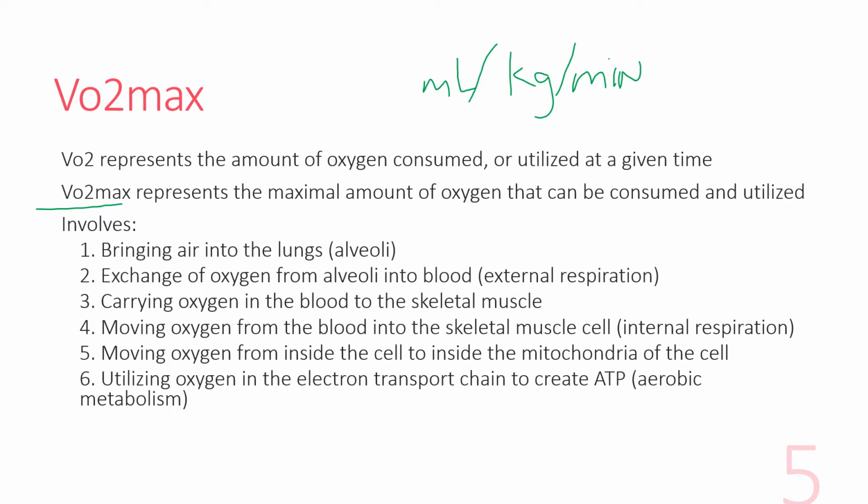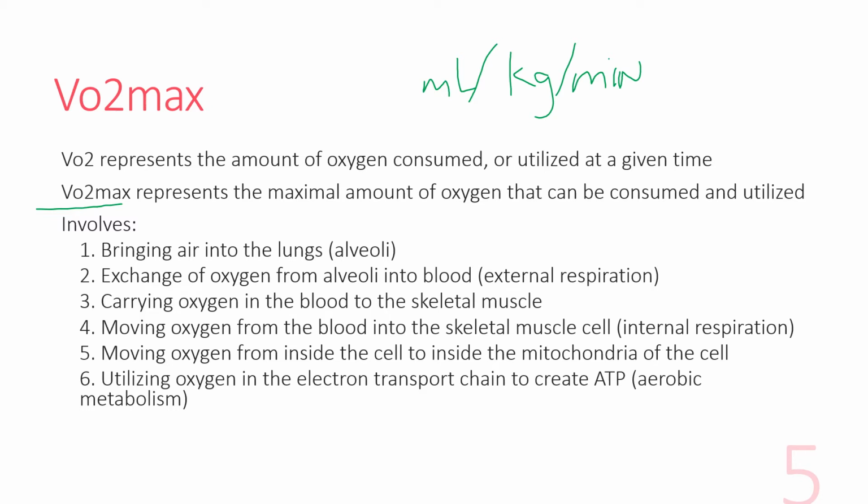Again, with Lab 2, we used indirect calorimetry to measure your VO2 at rest, which allowed us to calculate or estimate your resting metabolic rate. Okay. When we measure VO2max, we're less concerned with metabolic rate. We're more concerned with maximal exercise capacity.